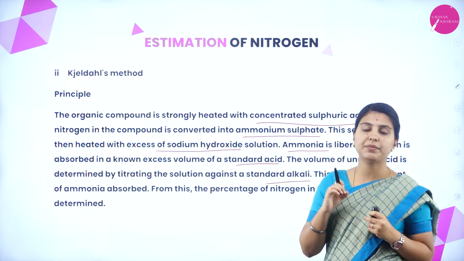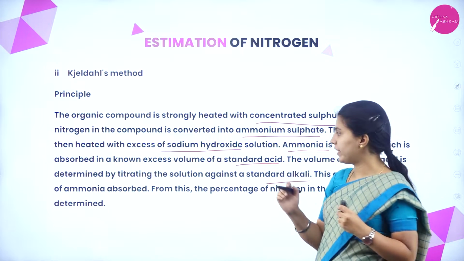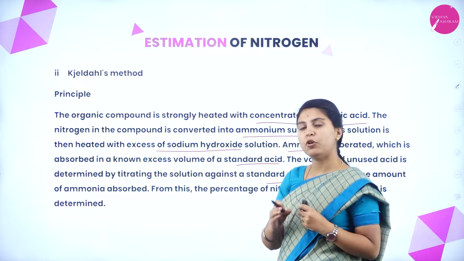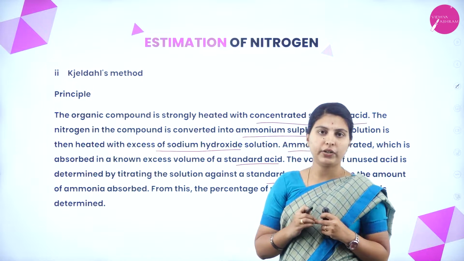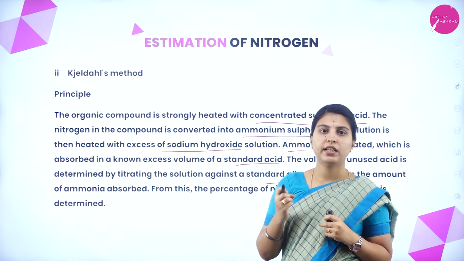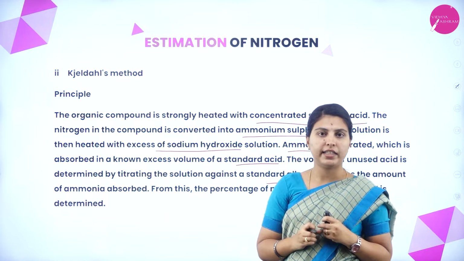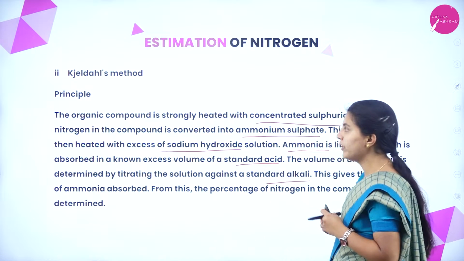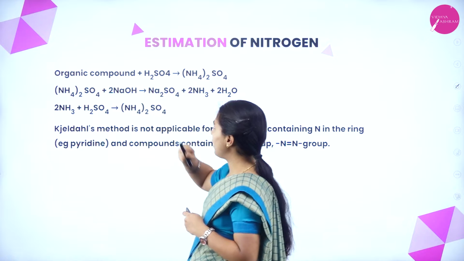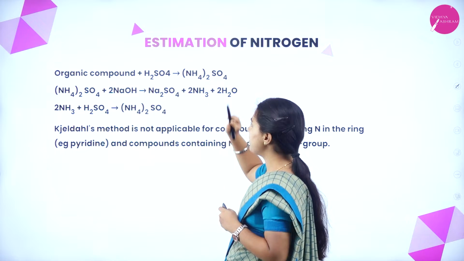How much ammonia has been absorbed is calculated by this titration part. When the ammonia is known in accurate volume, from that ammonia the nitrogen is estimated or calculated. That is the principle of Kjeldahl's method. See here, organic compound with sulfuric acid will give ammonium sulfate.